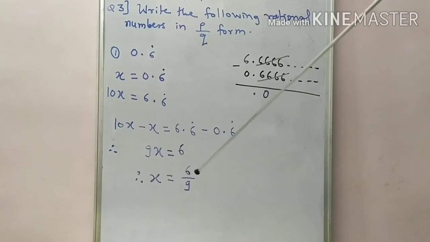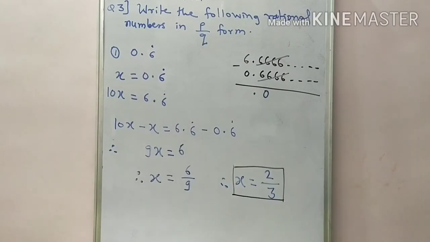Also, we can simplify this to its simplest form, so that x is now 2 upon 3, because the common factor is 3. 3 2s are 6, 3 3s are 9, so 2 upon 3 is the P upon Q form of 0.6 recurring.